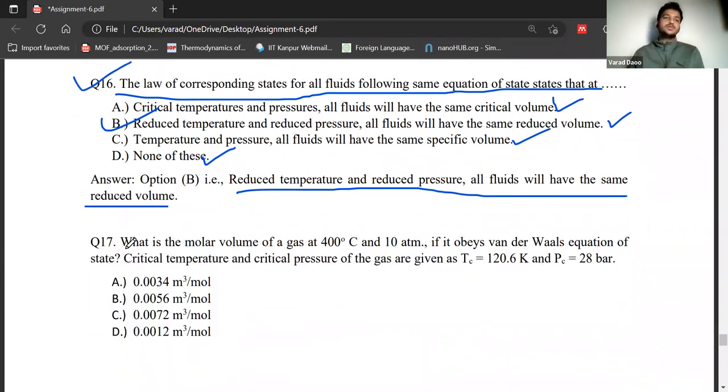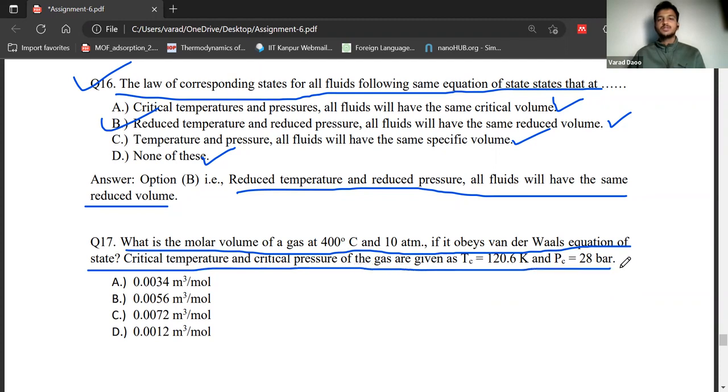Okay. So the next question, and today's final question, is: what is the molar volume of a gas at 400 degrees centigrade and 10 atmosphere if it obeys the van der Waals equation of state? The critical parameters, critical temperature and pressure, have been given. TC stands for critical temperature and PC stands for critical pressure. So critical temperature is 120.6 Kelvin and critical pressure is 28 bar.